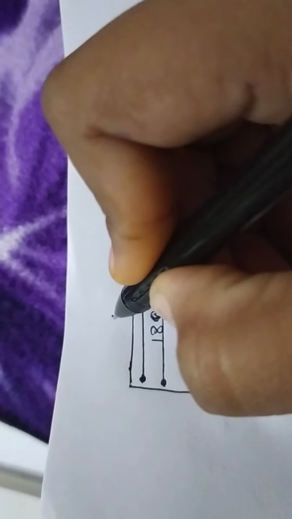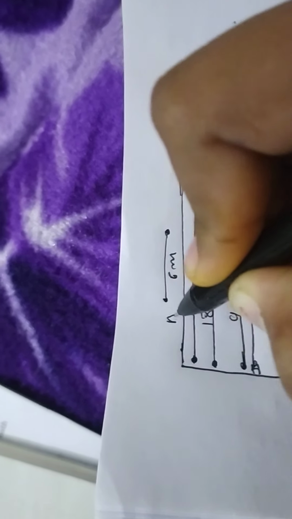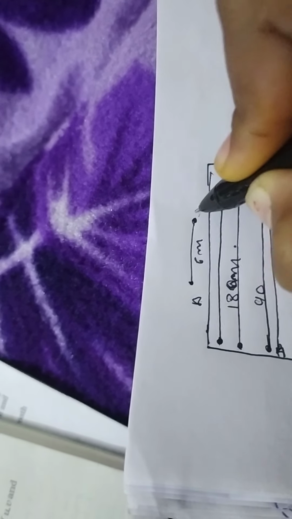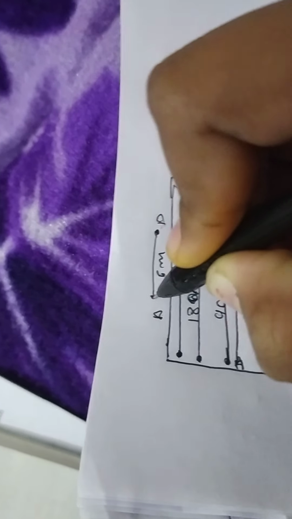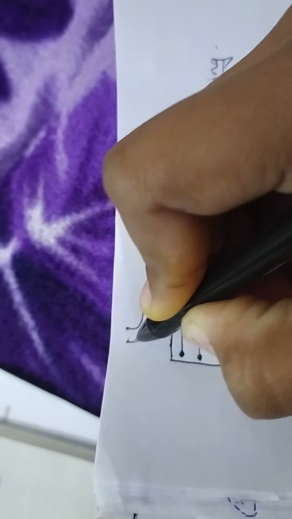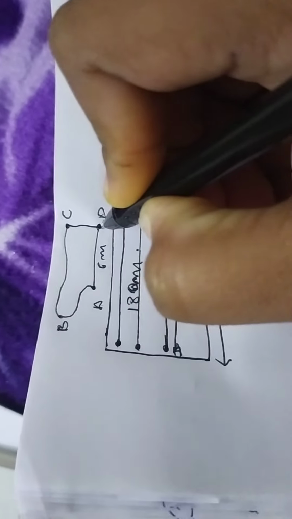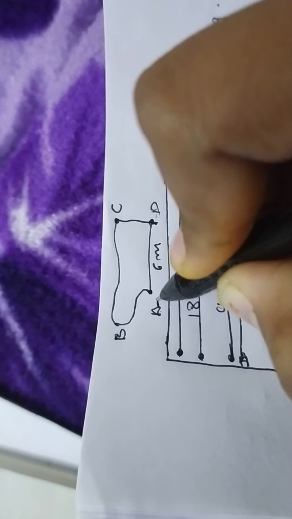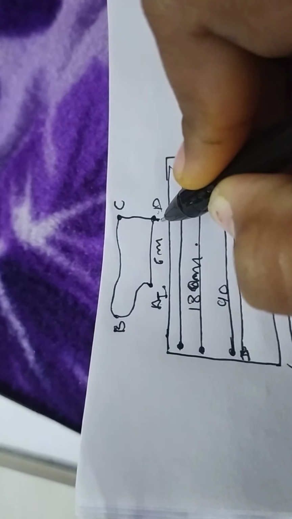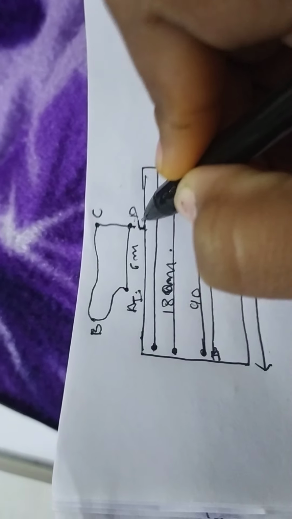Our starting point is A and our ending point is also A. Initial point means starting point, and this is our final point.